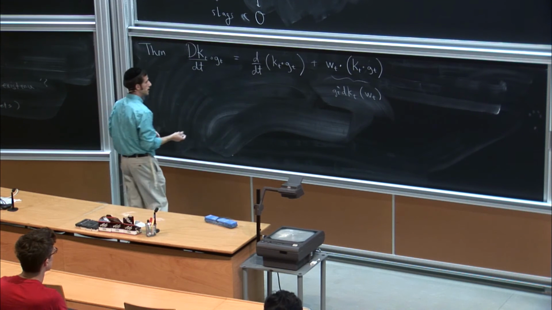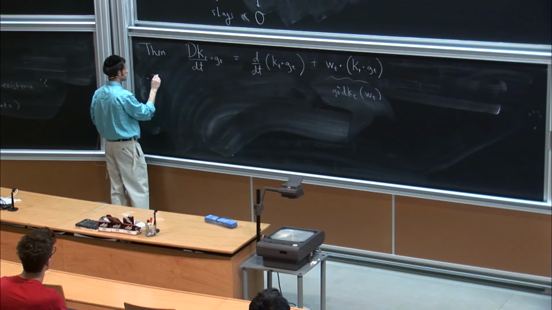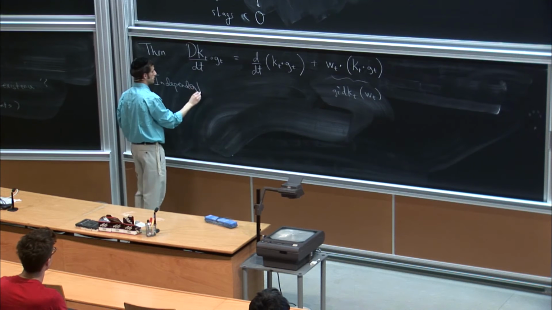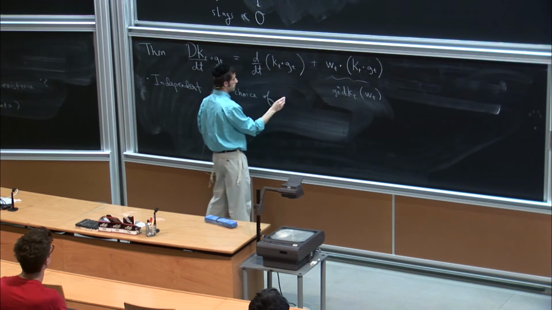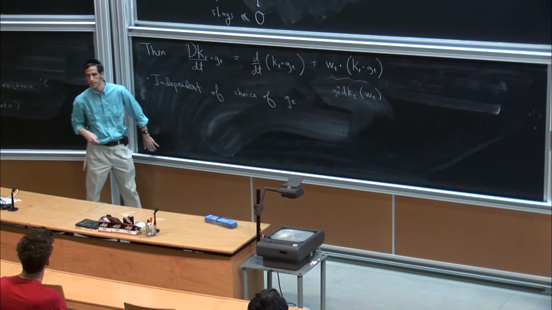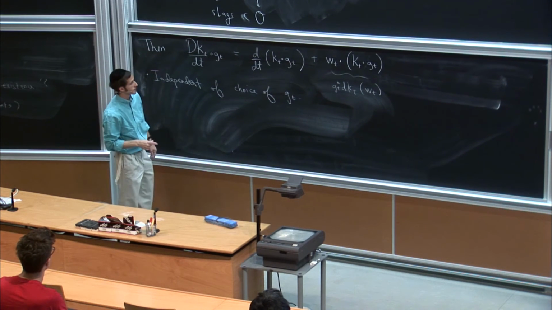Okay, so this is independent of choice of g_t. Okay, now to get a better idea of what this means, it's useful to work in a parallel frame, like one does in Riemannian geometry.